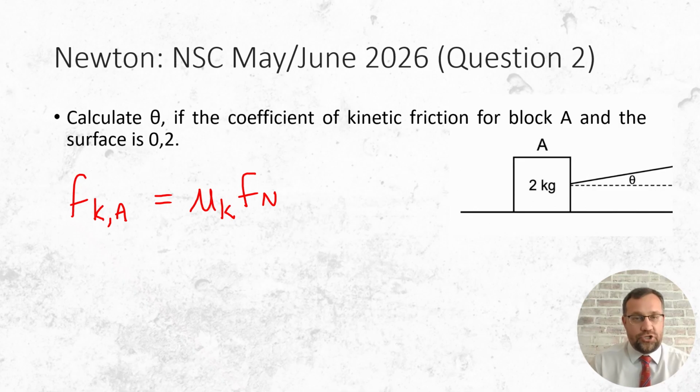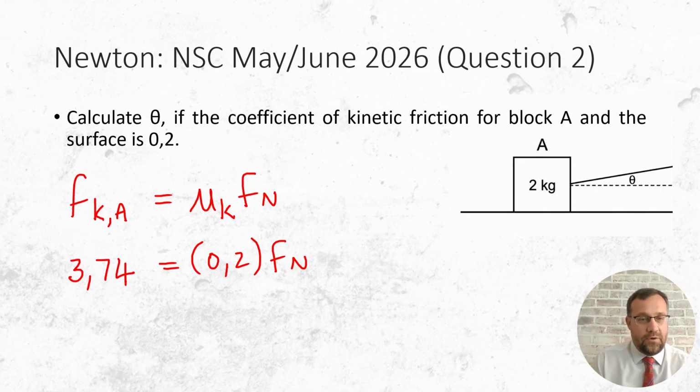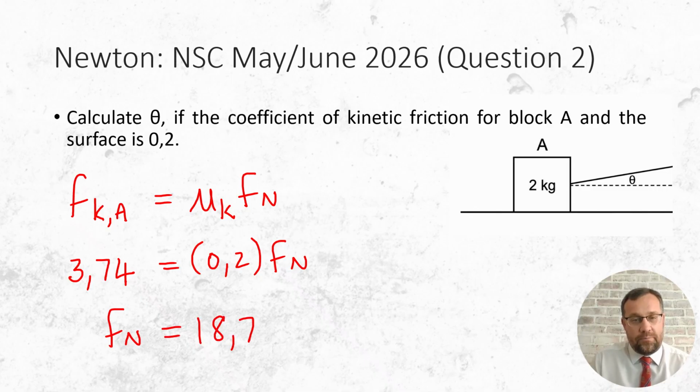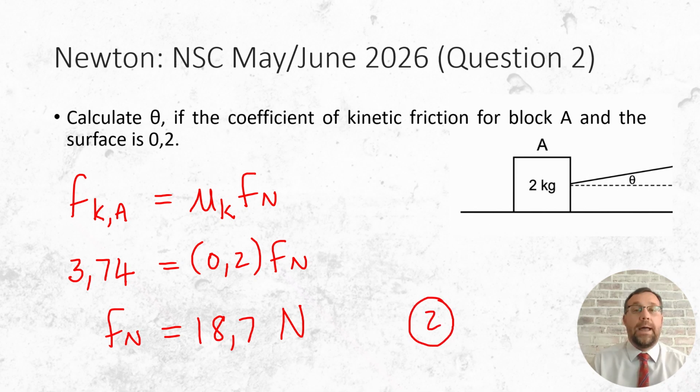So we can substitute those values. 3,74 equals 0,2 times the normal force. And if we solve this, we find that Fn is equal to 18,7 newtons. And we refer to this as equation number 2.